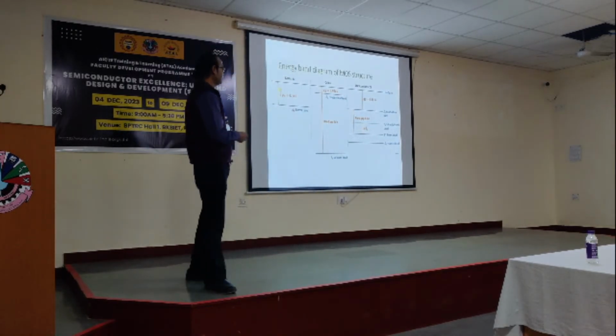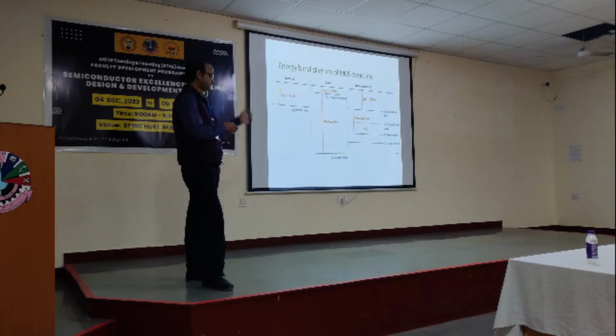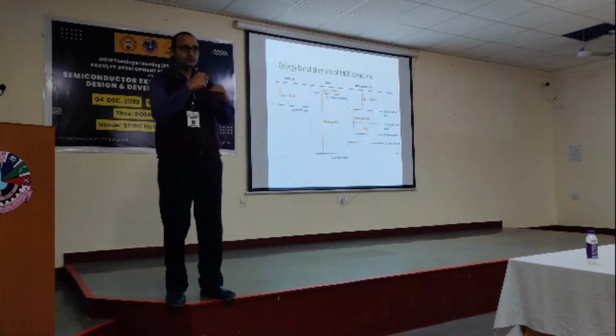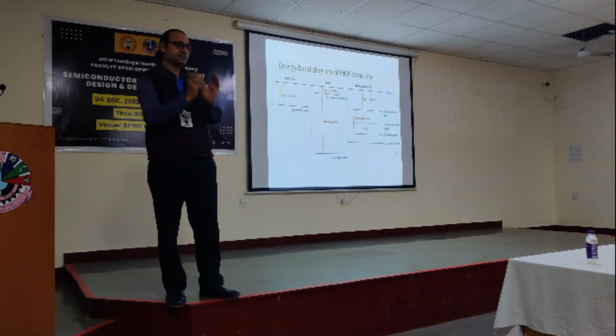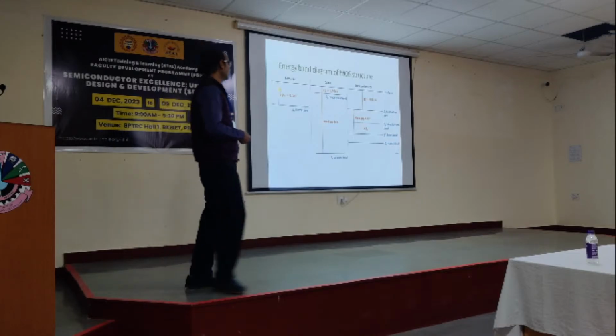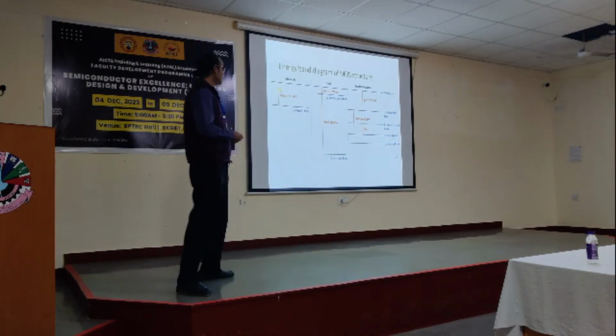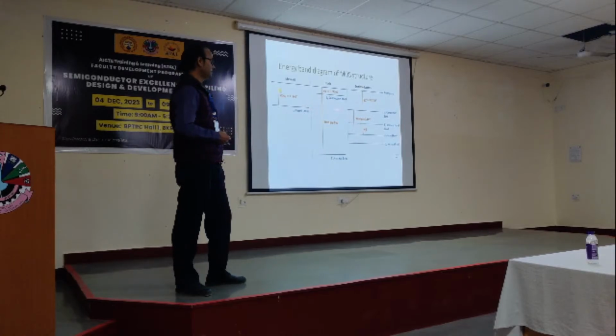So this is the basic band diagram of the metal oxide semiconductor when they are not under equilibrium. We can say they are just touching each other, not under equilibrium. Under equilibrium, the first foremost thing that will happen, I hope everybody knows, is that the Fermi levels will align.